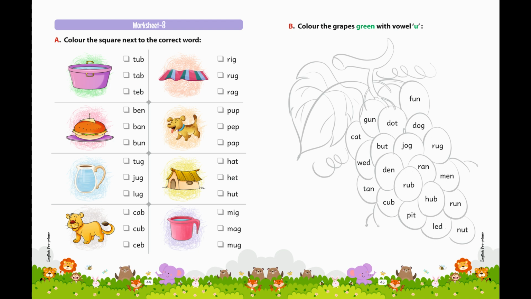Words like fun, gun, but, run, rug, rub, cup, hub, nut all have the vowel U. Color these grapes green. Avoid words like dot, dog, cat, jog, let, pit, den, men. They do not have the U sound. Ready to color? Let's go grape hunting.